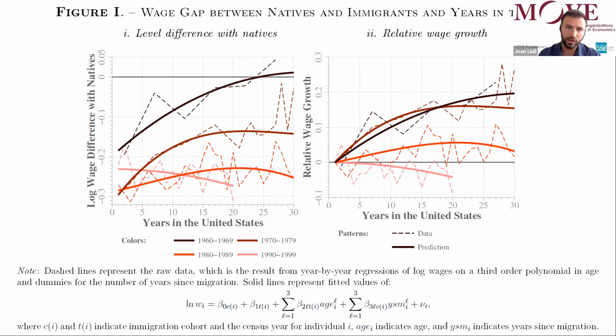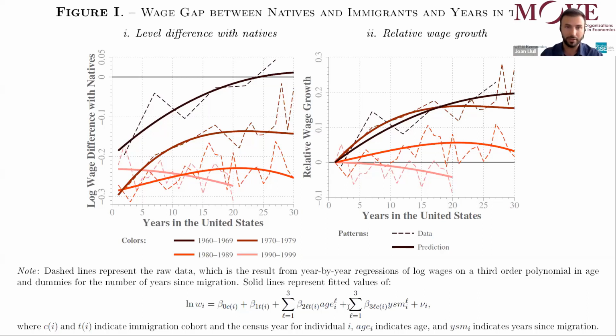And then the solid lines, the curves, are the predictions from the regression that we have here at the bottom of the slide. Okay, so two well-known facts here. One is that the gap between immigrants and natives has been increasing over decades, and two is the speed of convergence of immigrant wages to those of natives has also been slowing down.